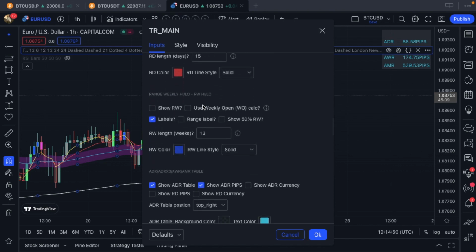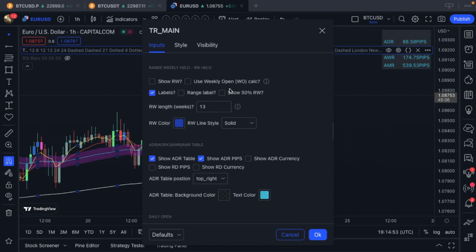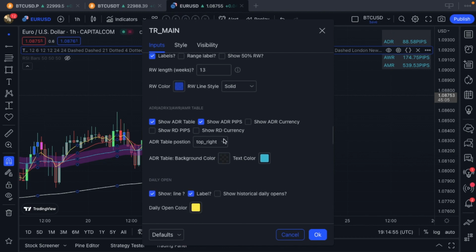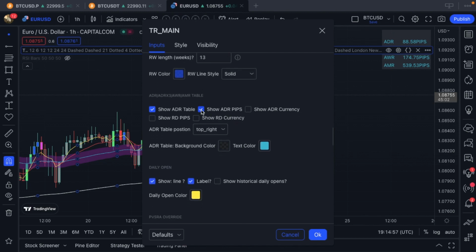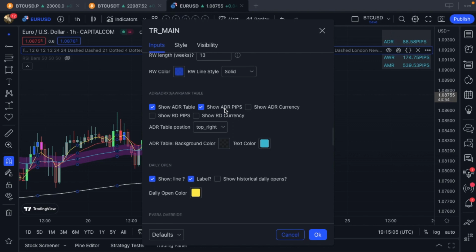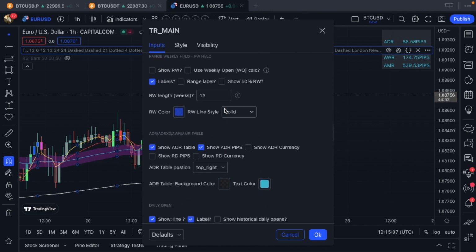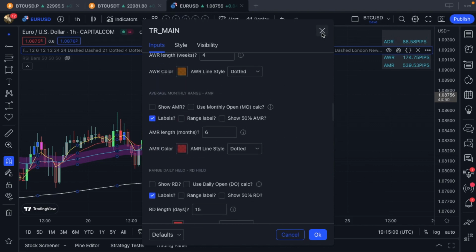So down here you can change, if you want to see currency, you just turn the pips off and turn the currency on, right? But in this case, we want pips. All right, so it's calculated for us. We don't really have to worry much about it.